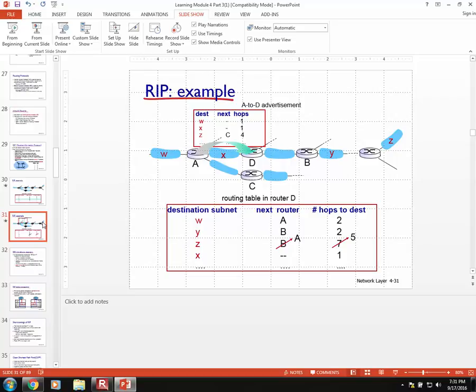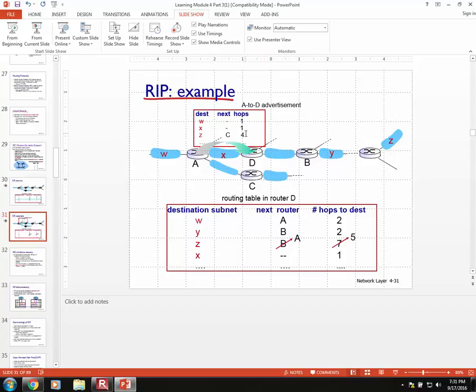So now we have the situation where we get some information. There's an advertisement from router A to D that router C can get to Z in 4 hops.